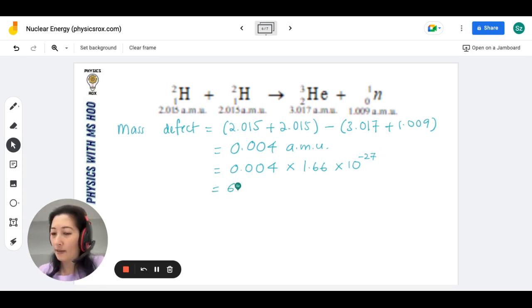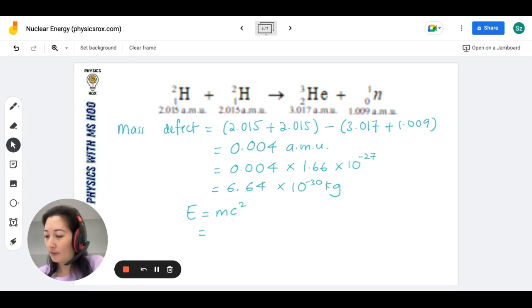This gives us 6.64 times 10 to the power of negative 30 kilograms. To calculate the energy, all we need to do is use the E equals mc squared formula. The m in this case is the mass defect, which we have just calculated.